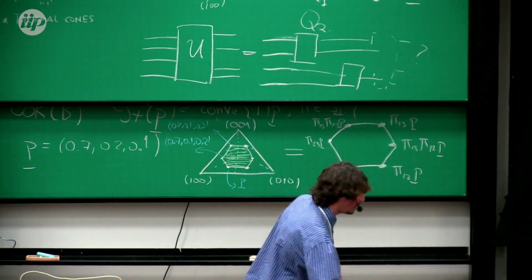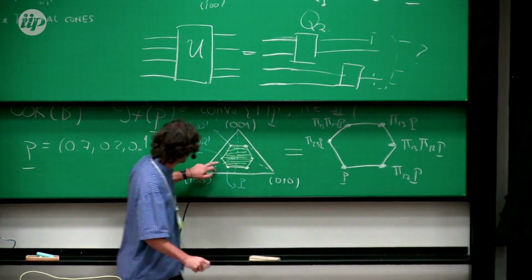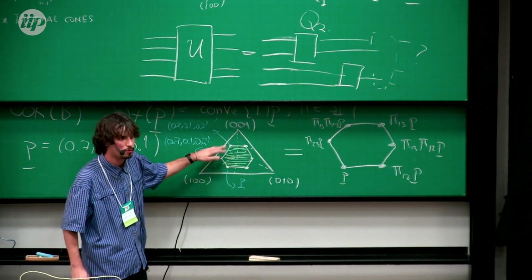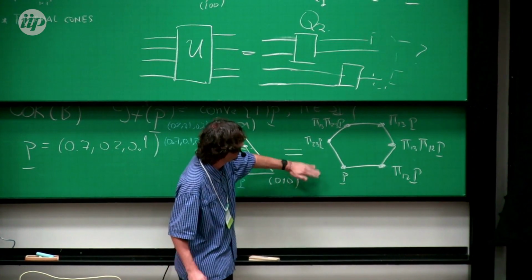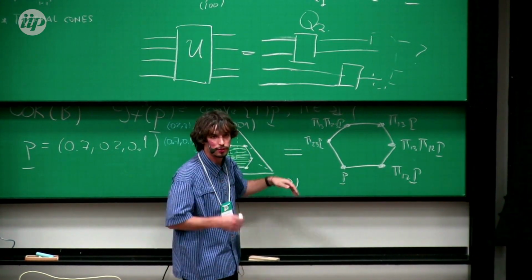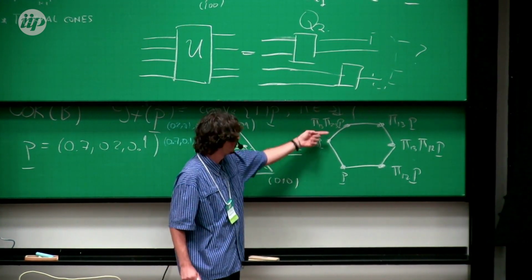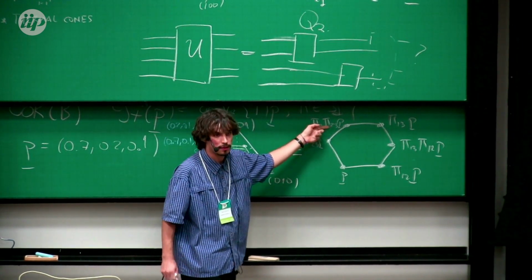So basically, yes. Here I just wrote those extreme points, which are permutations of my initial vector, using this idea that I'm decomposing them as products of transpositions, or concatenations of them.